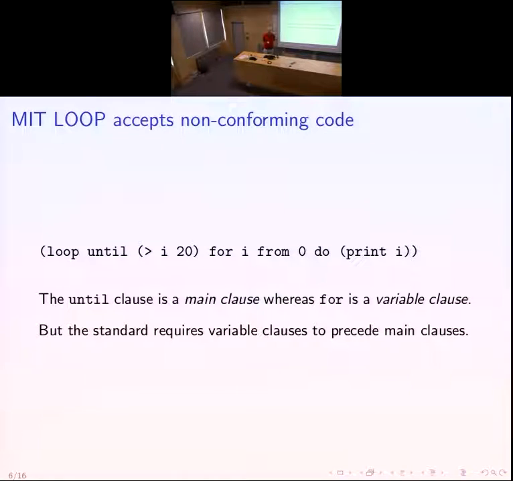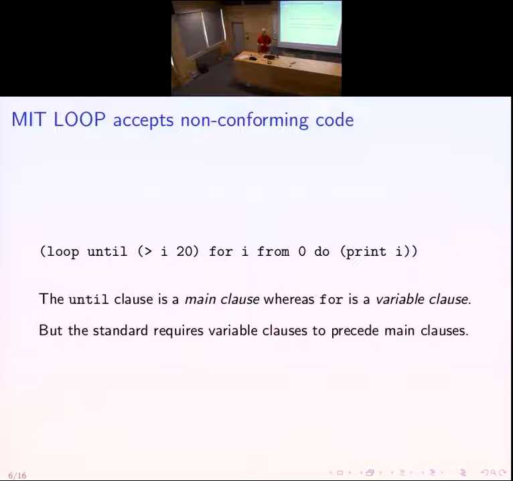Less severe, but still a problem, MIT loop accepts non-conforming code. At least it ought to be up to each implementation to decide whether this code should be accepted. Now, the difference between the previous example and this one is that the previous example is a clear violation of the Common Lisp standard. This is not, because the Lisp standard says the behavior is undefined if you have a main clause before a variable clause. And when the Lisp standard says it's undefined behavior, an implementation is allowed to define that behavior.